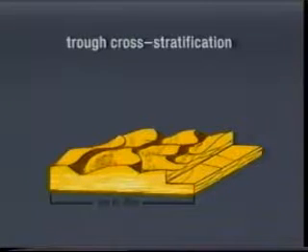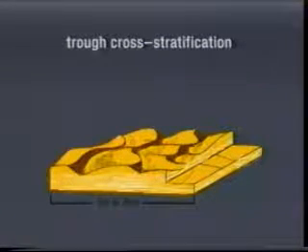When viewed in a section parallel to flow, sets are approximately parallel, with occasional wedging out, and thus can be mistaken for a tabular type of cross-stratification. But when viewed transverse to flow, a distinctive trough pattern, sometimes called festoon, is clearly discernible.